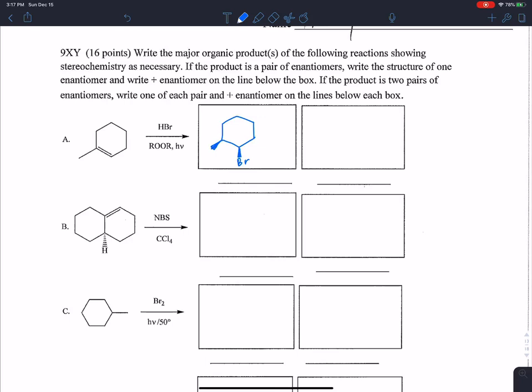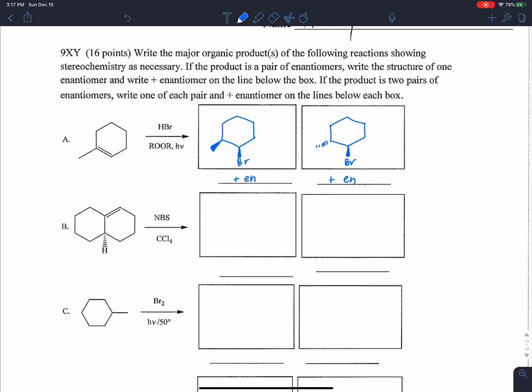So the Br on this spot could have ended as a wedged or a dashed. So we get this answer plus this enantiomer. And then the thing is, originally my methyl could have come in as like a dashed. So this part again doesn't change, plus enantiomer. So it can go in either way. Doesn't really matter.